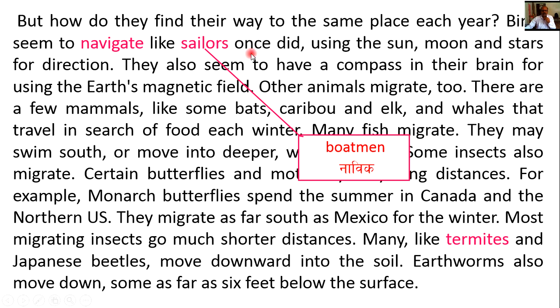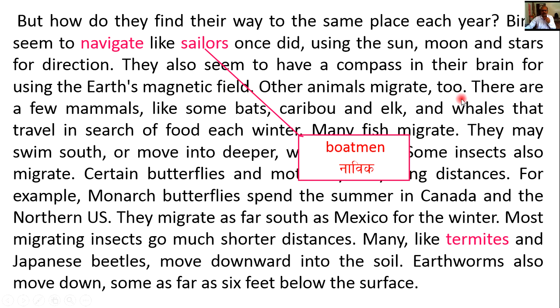They did it using the sun, moon and stars for direction. In the same way, birds also navigate, finding which direction to go. They also seem to have a compass in their brain, using the earth's magnetic field. It is like a magnetic compass in their brain.